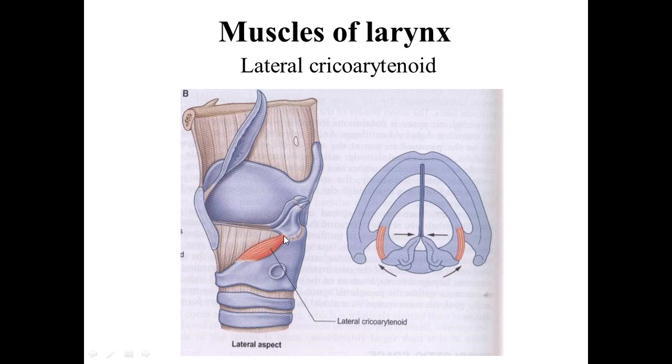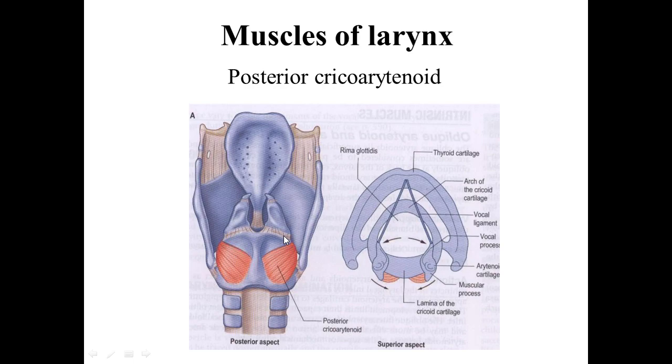There is posterior cricoarytenoid, situated on the posterior surface of the lamina of cricoid cartilage, which extends from cricoid to arytenoid cartilage.